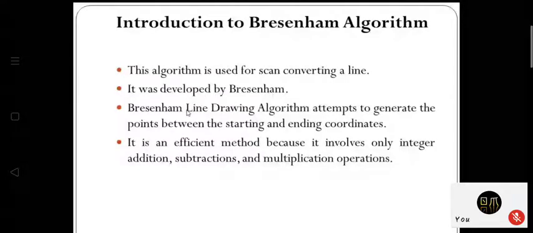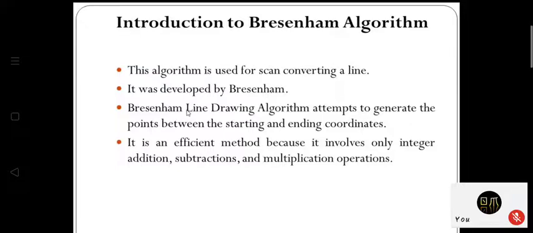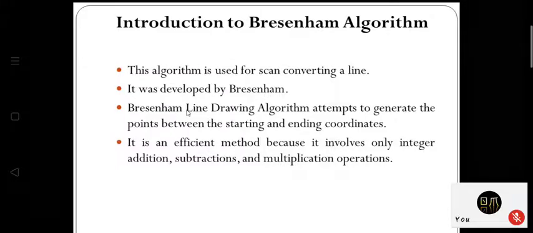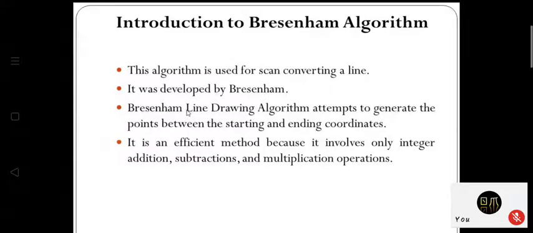You have to find out what will be the points that would lie between the starting and ending coordinates. Now again, this is a very simple and very efficient method because not much of the complex operations you will be performing. Very simple mathematical operations like addition, subtraction and multiplication operation you are going to perform. So that is why it's quite simple algorithm.